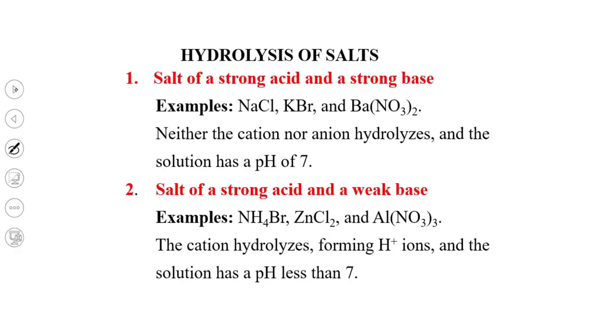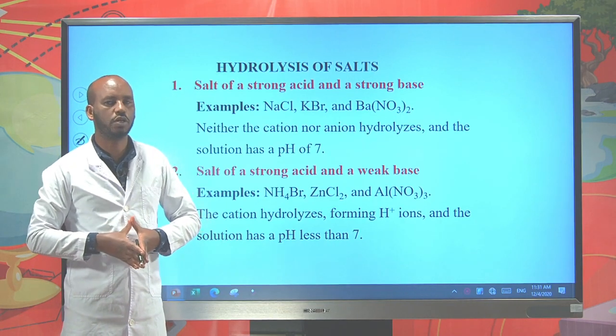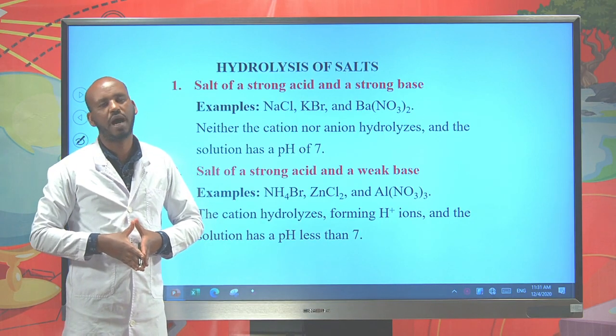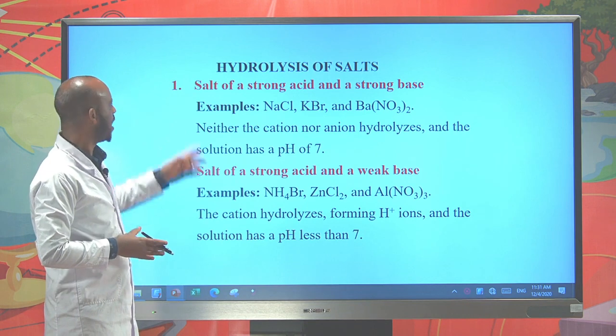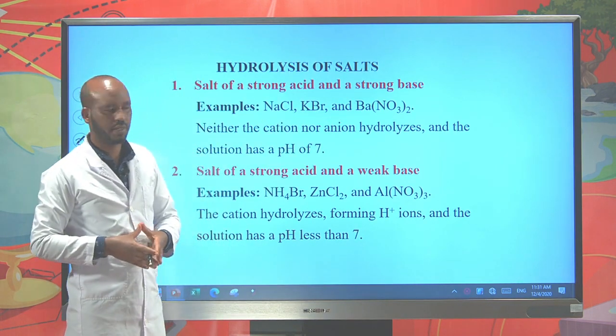Hydrolysis of salts. Hydrolysis of salt is the reaction of ions of salt with water to produce hydronium ion or hydroxide ion. 1. Salts of a strong acid and a strong base.